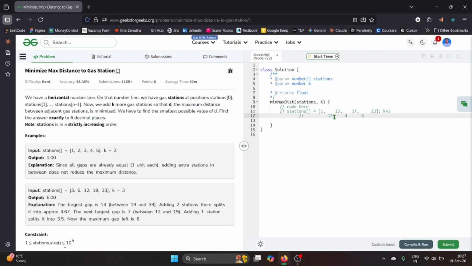So our first gas station will be put over here because these two gas stations have the maximum distance. But our main motive is where we can put our first gas station. The first gas station will be put by its gap. The gap is 12, and 12 by 1.